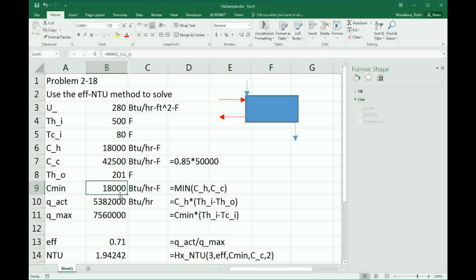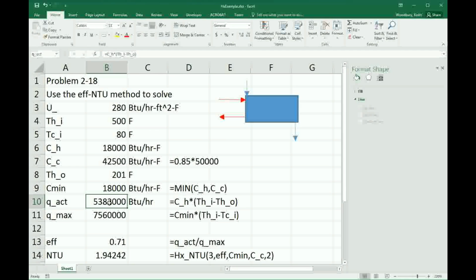The next task then is to calculate the heat removal that's required for this exchanger. We know that because we were told the hot water temperature in and the desired hot water temperature out. And so knowing that heat capacitance, we can calculate the heat transfer required as simply the heat capacitance m dot c sub p times that temperature change for the fluid.